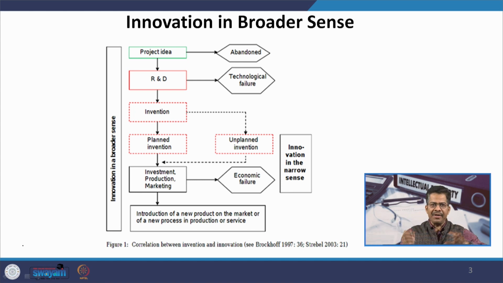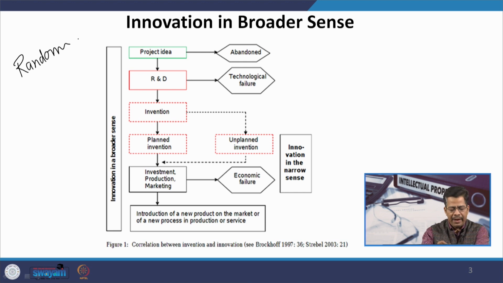Now, after understanding this innovation, what is the basics of innovation, in a broader sense, you can follow this flow chart where you have a project idea, because innovation I can discuss in two particular cases. One is random innovation, and second is structured innovation.